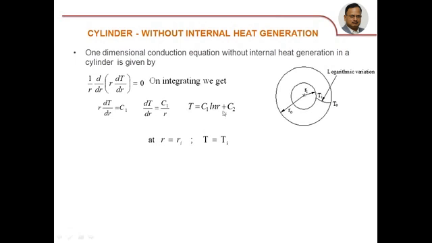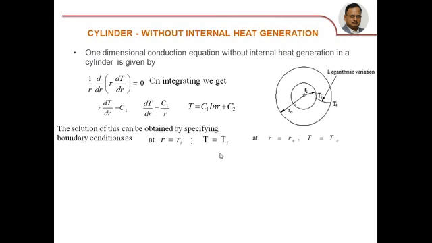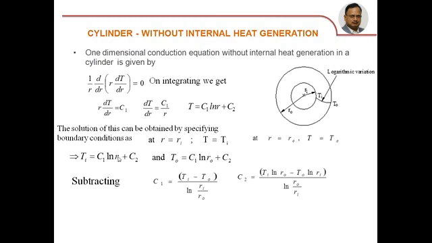And to solve for C1 and C2, you need two boundary conditions. One is at r equal to Ri, T is Ti. At r equal to R0, T equal to T0. By substituting this, you will get Ti equal to C1 log Ri plus C2, T0 equal to C1 log R0 plus C2.